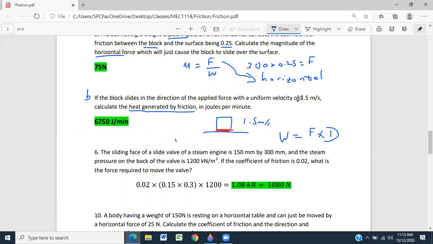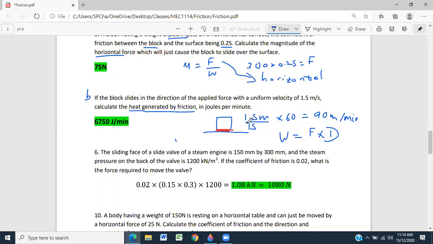If the velocity is 1.5 meters per second, then for a minute we would travel 1.5 meters times 60, which is equal to 90 meters per minute.